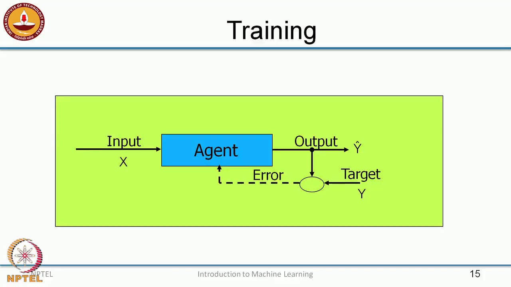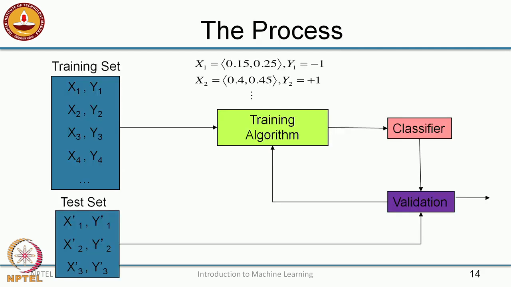So, what happens inside that green box? Inside the training algorithm there will be this learning agent which will take an input and produce an output y hat which it thinks is the correct output, but it will compare it against the actual target y that was given in the training.